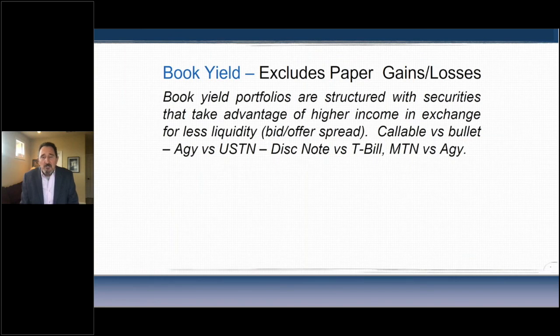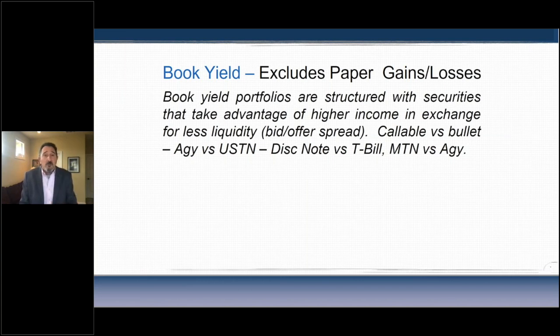So book yield excludes the paper gains and losses. It's structured to take advantage of higher income. So as an example, it'll prefer, at times, callable versus bullet, and by the way, this is not saying one is better than the other. I'm not suggesting that you should have a portfolio of all callable bonds. What it's simply saying is you diversify, you can add callables because they're going to yield more in an unchanged rate environment, or in a rate environment where rates might go up.